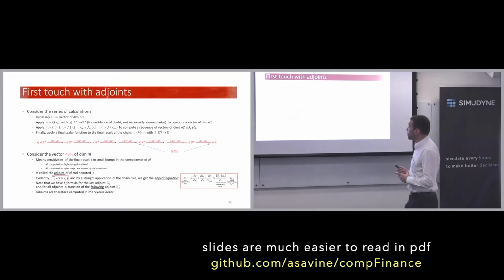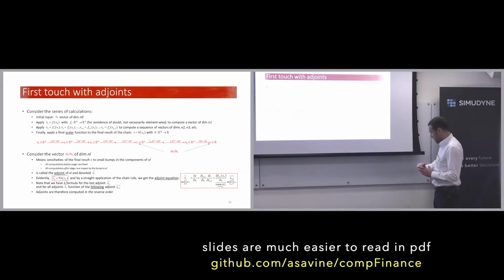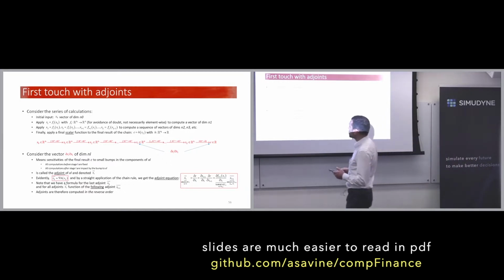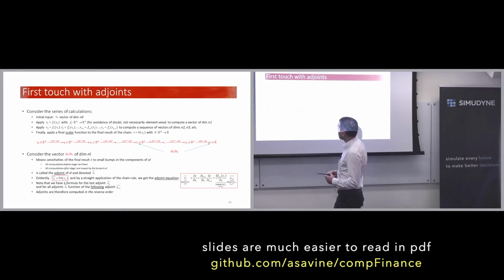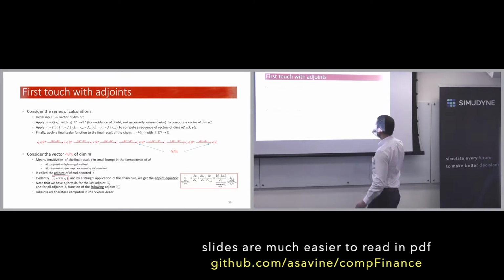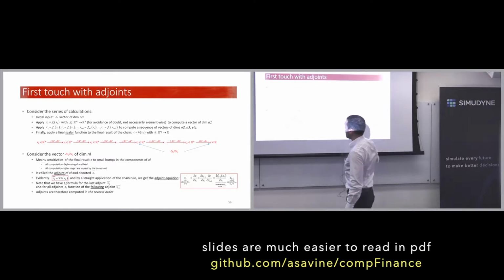Okay, and last but not least, I would like to give you a first view of the important notion of adjoints. So consider a series of calculations where we have an initial input x0 in some dimension n0, and we apply a sequence of vector-to-vector functions to this input to finally obtain an output, I called it C in this case.